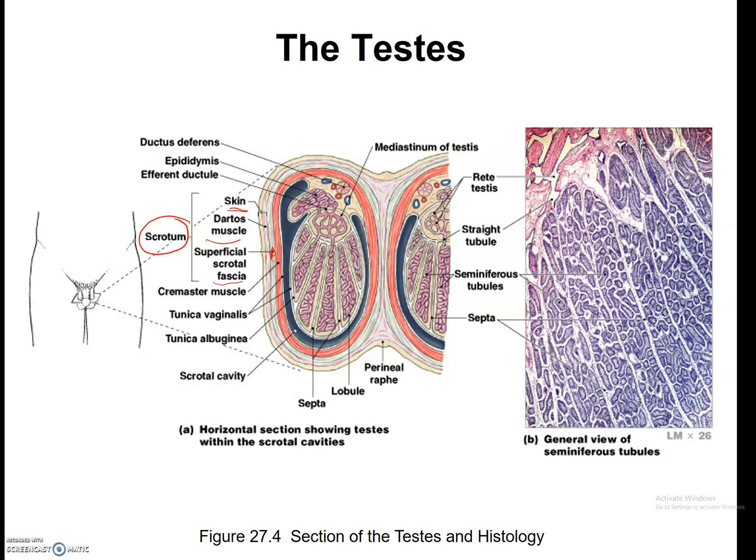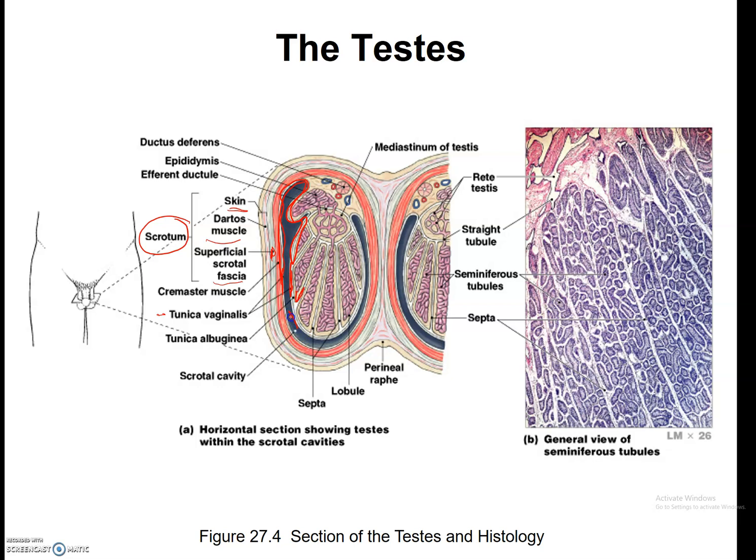And then we have our two tunics here. The tunica vaginalis is these layers, one right here and one right here: one surrounding the testes themselves, and one protecting the region. But basically, it's a single layer that wraps around, so you can see that it forms a cavity. And then you have the tunica albuginea. The albuginea is this tunic right here.